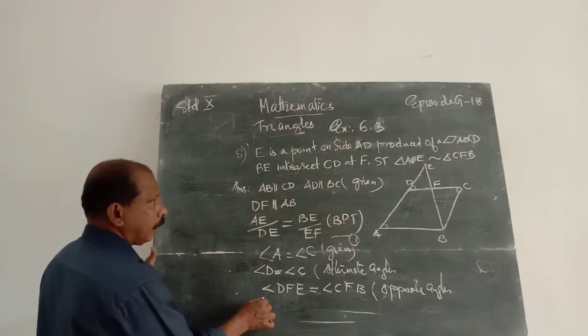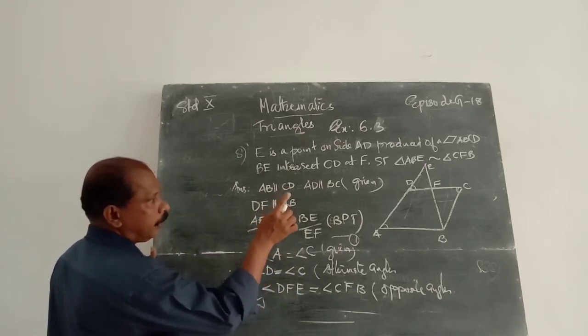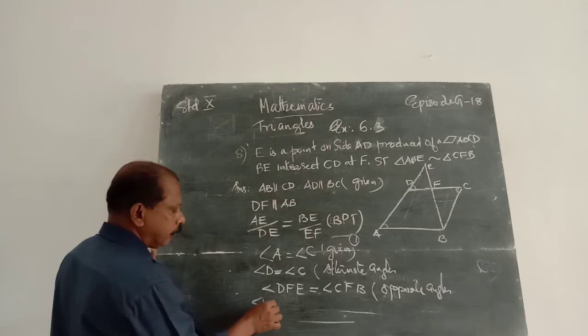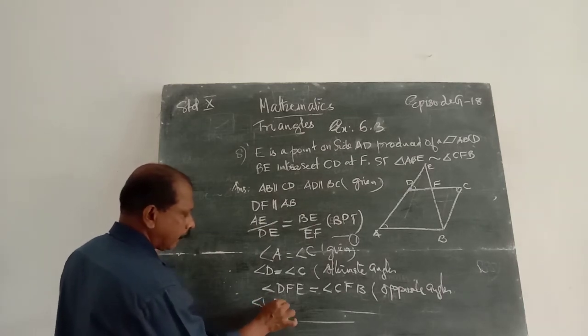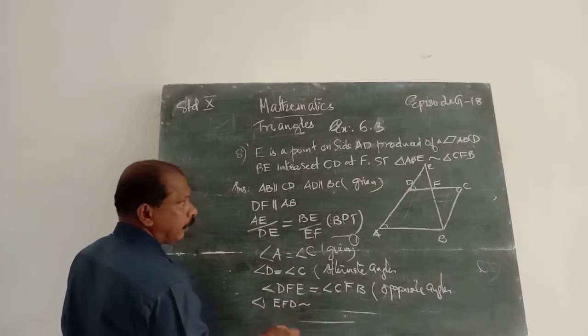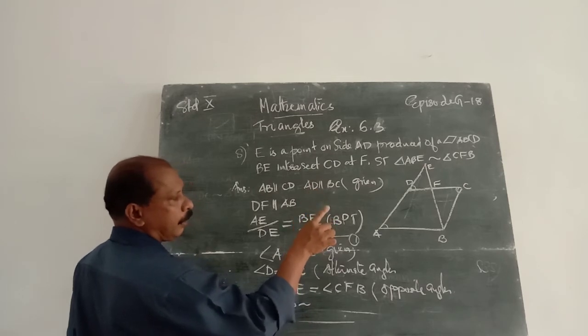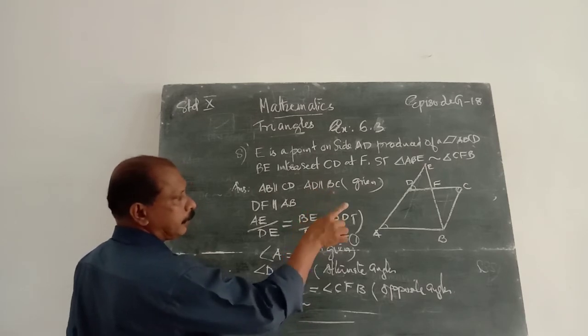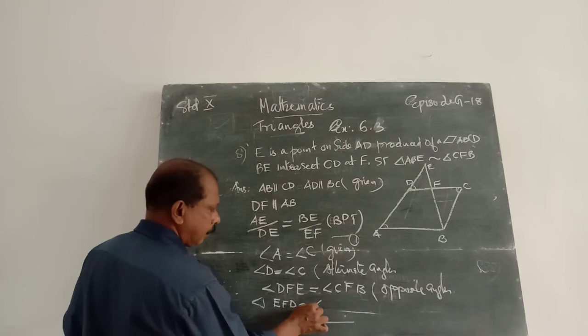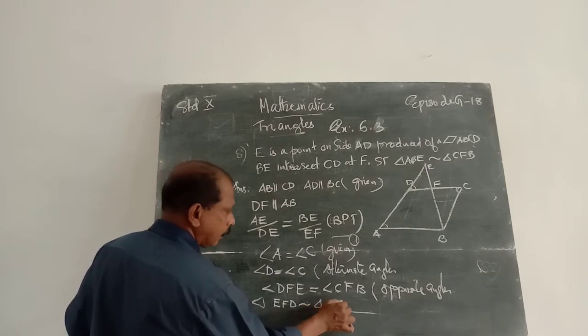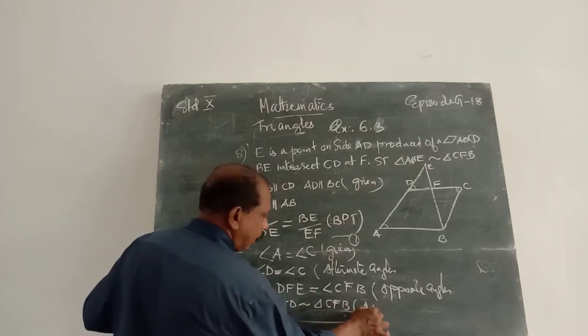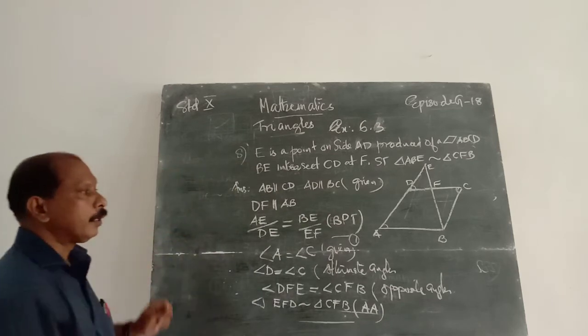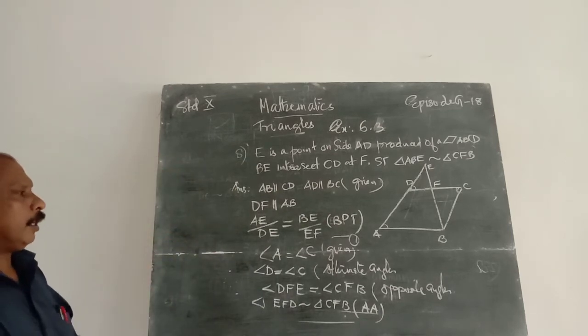Therefore, triangle DFE is similar to triangle CFB. That is angle criteria. Therefore, their sides are proportional.